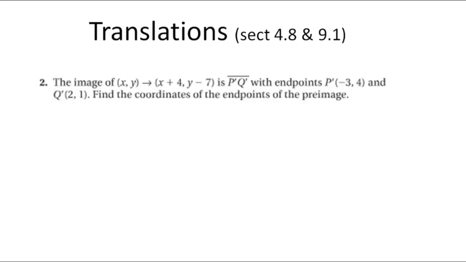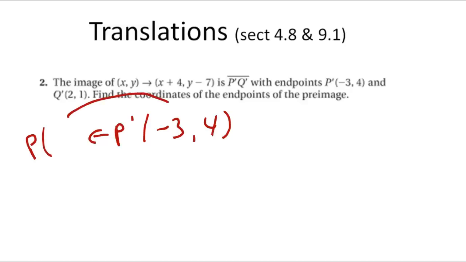So the way that I work this one is I have P prime at -3, 4. And what I really want to do is work backwards and find out where P is. So originally, I added 4 to get here. So if I added 4 to get there, what do I want to do to get back? I want to subtract 4.